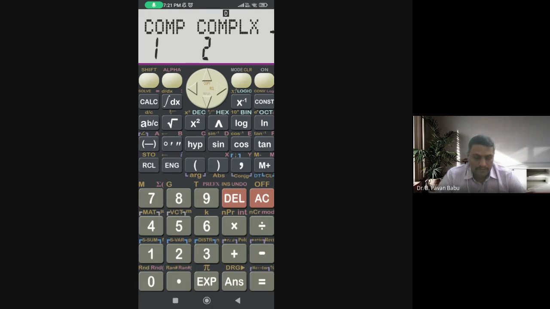Next you can see compound 1, complex 2. Just click on this RCL. In the center, like a joystick, you can see left, bottom, top, right. So you can just click on this right. The center button there, you can click on right.